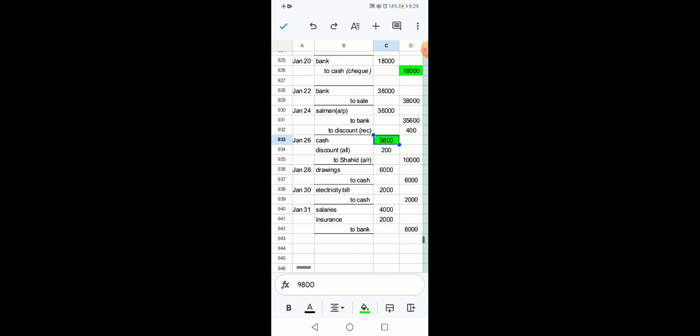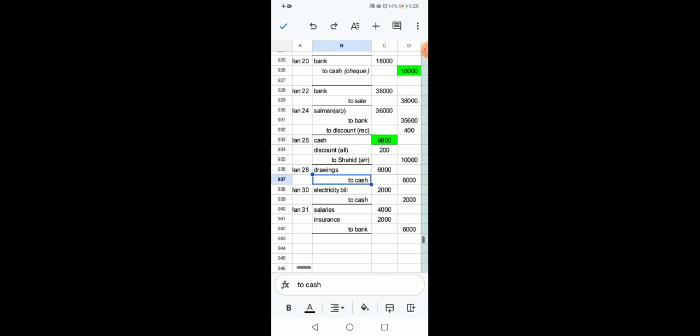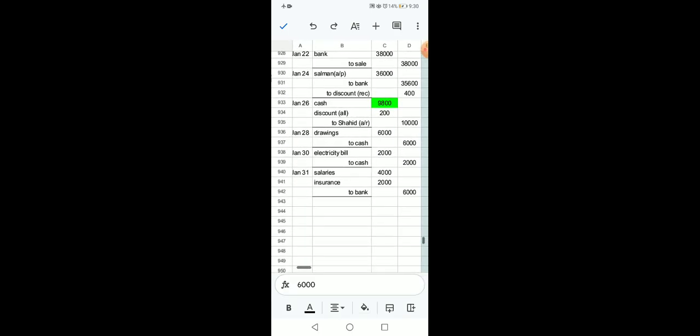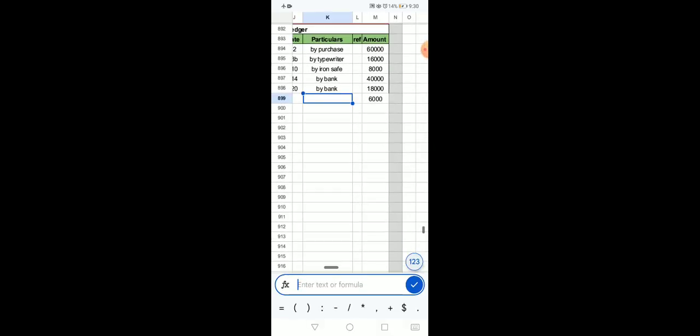Now next entry, January 28, cash is present on the credit side. So we'll go to the credit side and write 6,000 on the credit side. Let's see why we are writing 6,000. Cash is credited. What is the reason? The reference is what we have written on the opposite side, that is drawings. So we are going to put "By Drawings" over here.